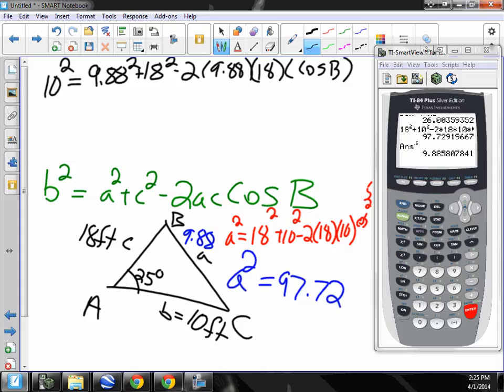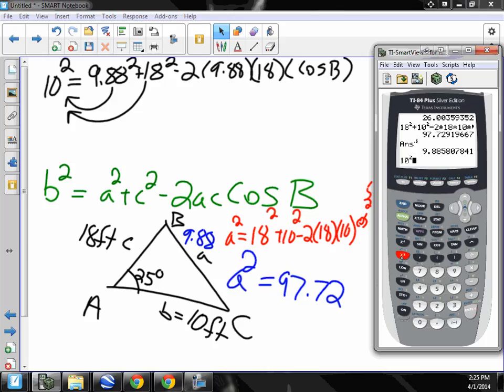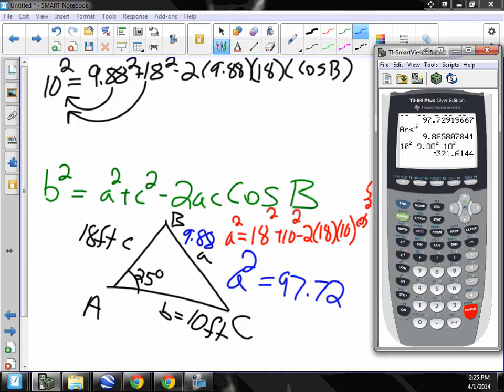Everybody okay with that? So I'm going to subtract these over. 10 squared minus 9.88 squared minus 18 squared. So I have negative 321.614 equals negative, oh, what is that?